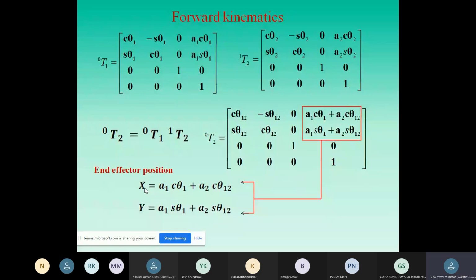Applying the DH parameters, they give the same result. For a complex geometry manipulator, we have to apply the DH parameter method and find the transformation matrix for each link, and then multiply them. The last column will give our end effector position. From that we calculate it. Very easy. Okay, this is for forward kinematics. Simple, no problem.